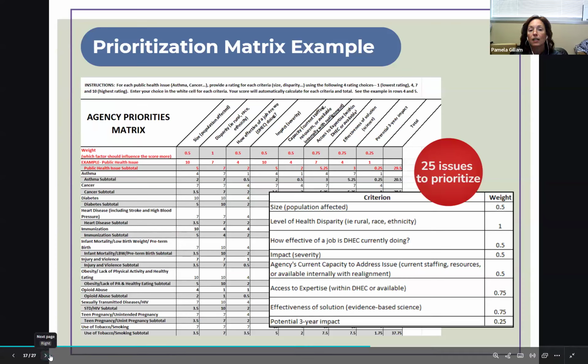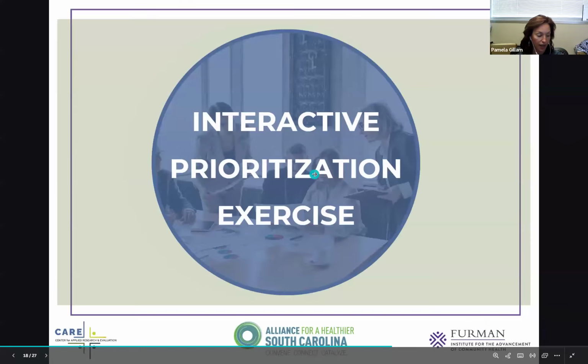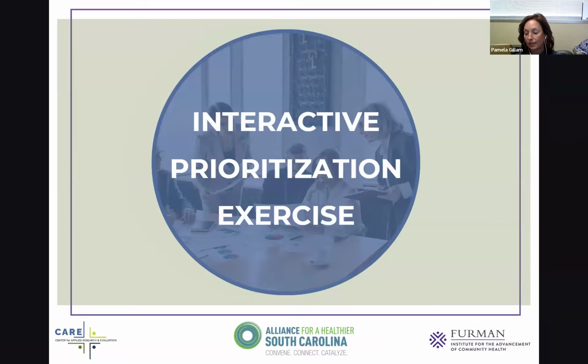Okay. So we're going to move into our prioritization exercise. And there's some things I want to note about this before we get started. The whole purpose of this experience for you is to expose you to the multi-voting prioritization method, okay?